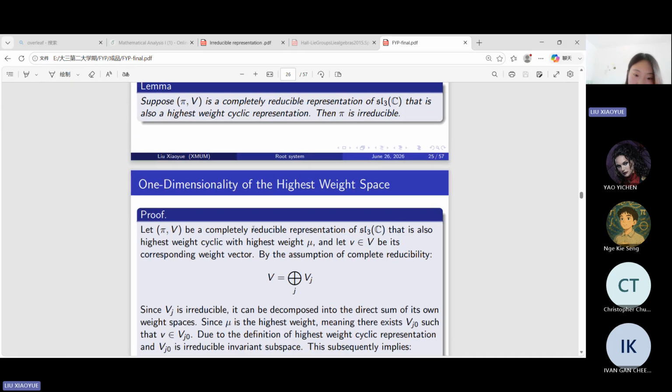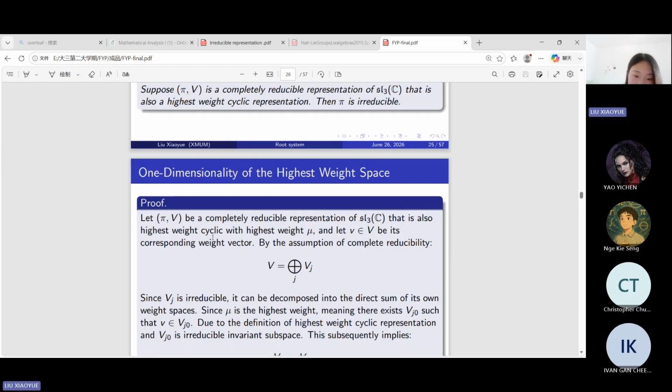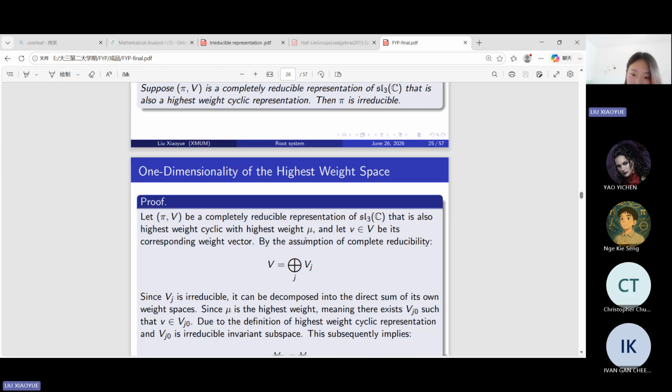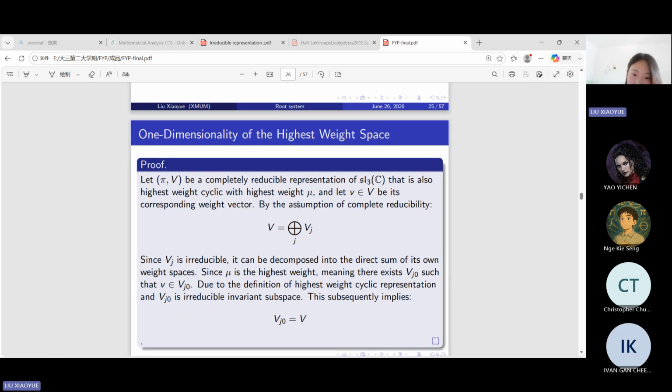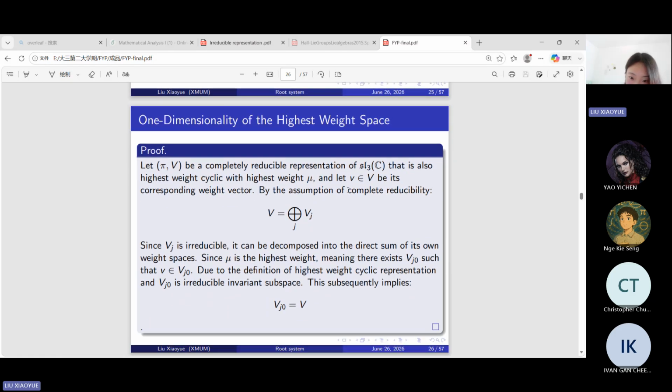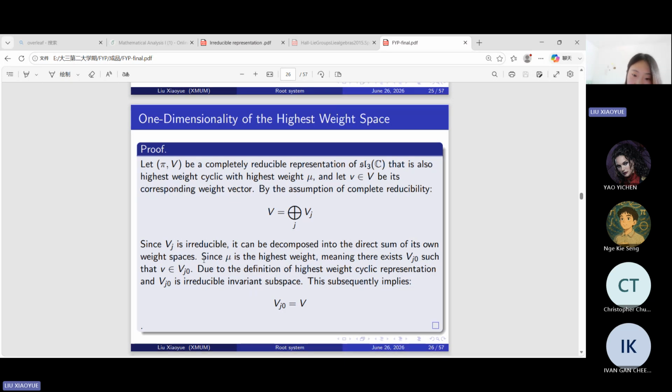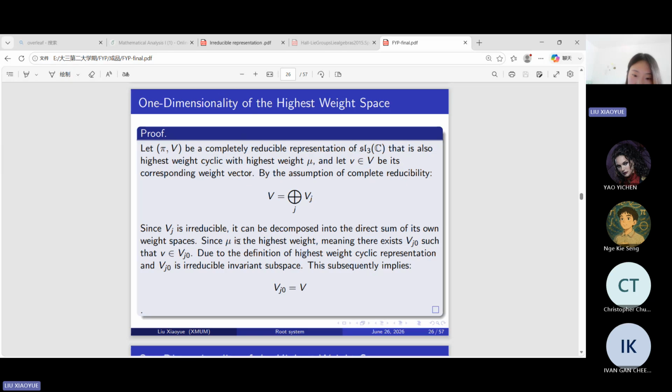Suppose pi is a completely reducible representation that is also highest weight cyclic with highest weight mu, and let v be the corresponding weight vector. By assumption, V can be decomposed into the direct sum of Vj. Since Vj is irreducible, from the previous theorem we know that it can be decomposed into the direct sum of its own weight spaces.